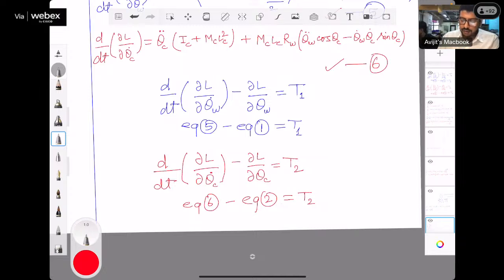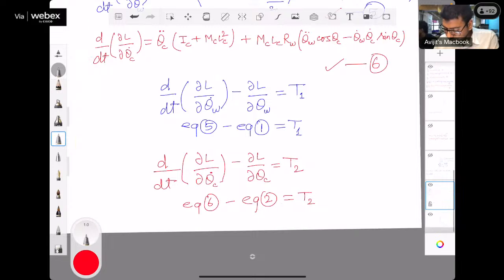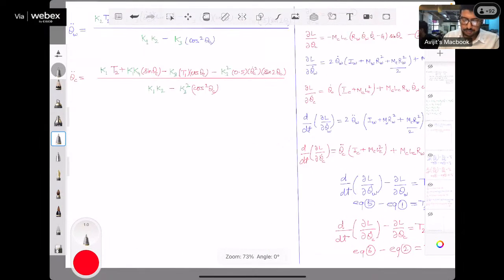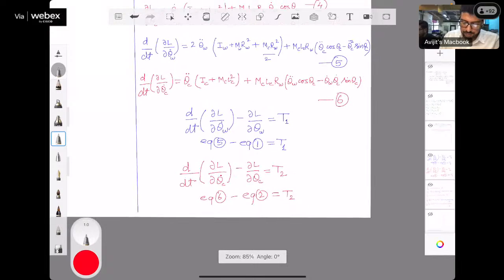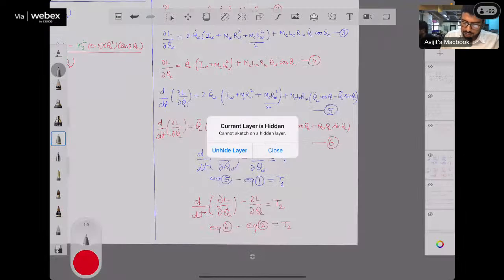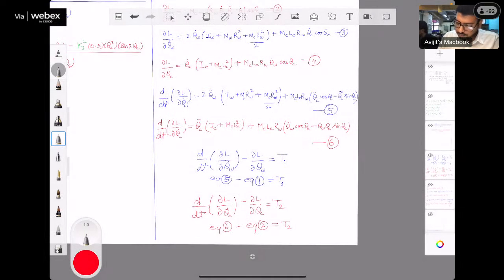Okay. So since we have the Euler-Lagrange equations, we will move on to the next step. Yeah. So we have these two equations.